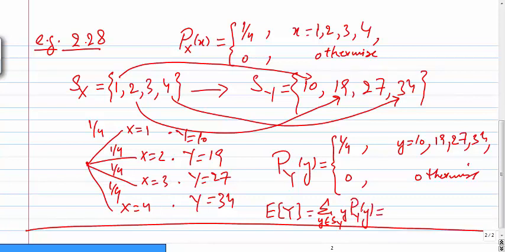In that case, 1 by 4 times 10 plus 19 plus 27 plus 34. This is the way you can calculate the expected value, and the expected value comes out to be 22.5.